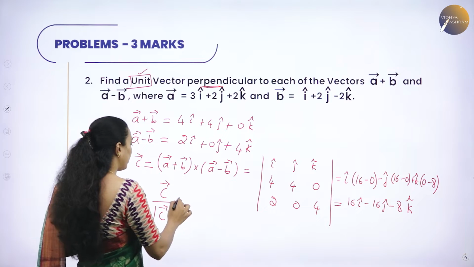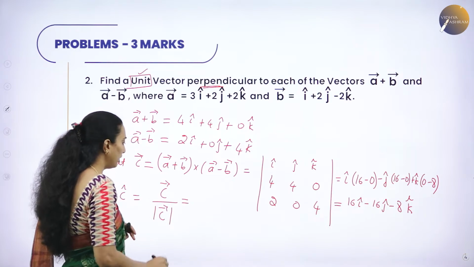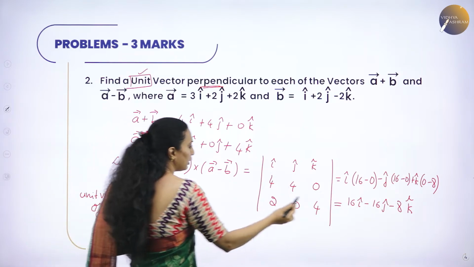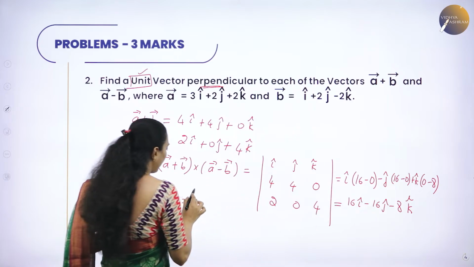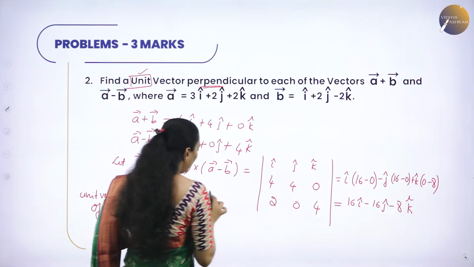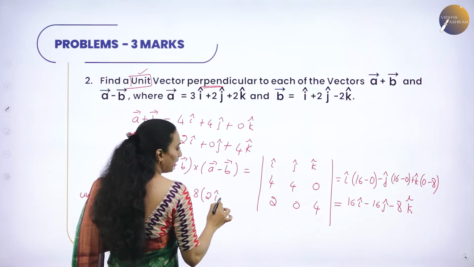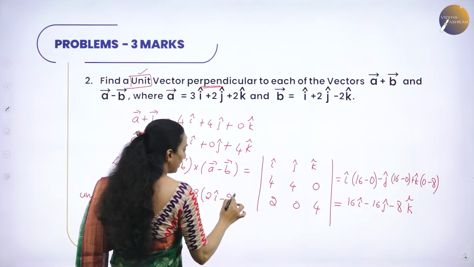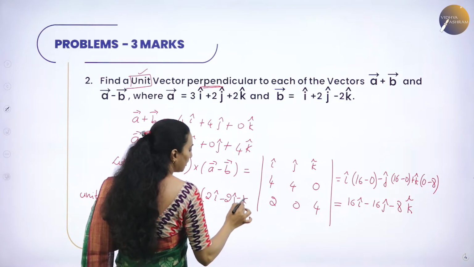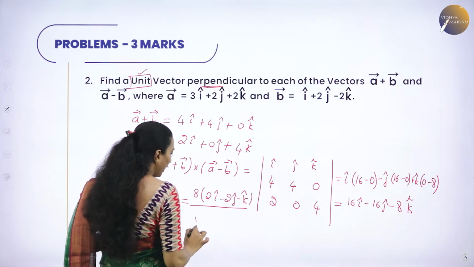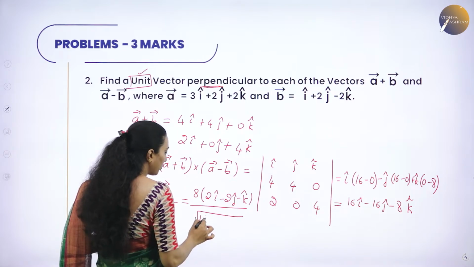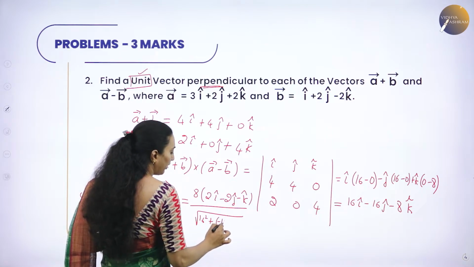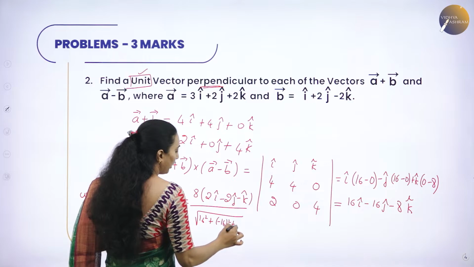Now, what is the magnitude of C vector? Let us find out here only. C vector is nothing but 16. You can take, if you want, 8 common factor. 8 into 8 2s are 16. Again, minus 8 2s are 16. Again, 8 1s are 8. Divided by under the root of 16 squared plus 16 squared plus 8 squared.